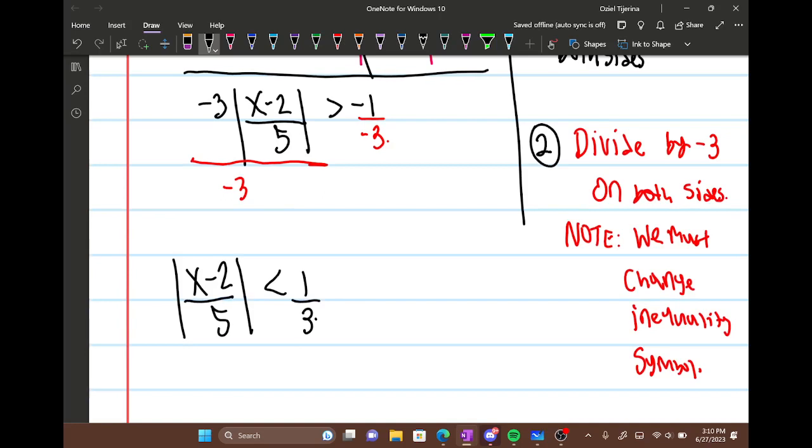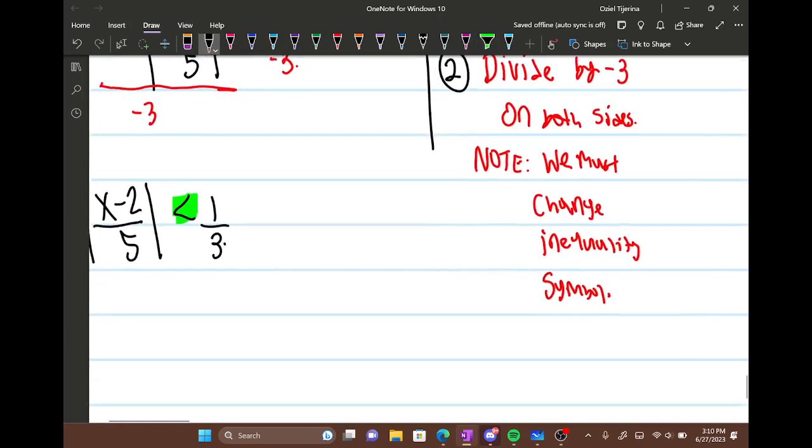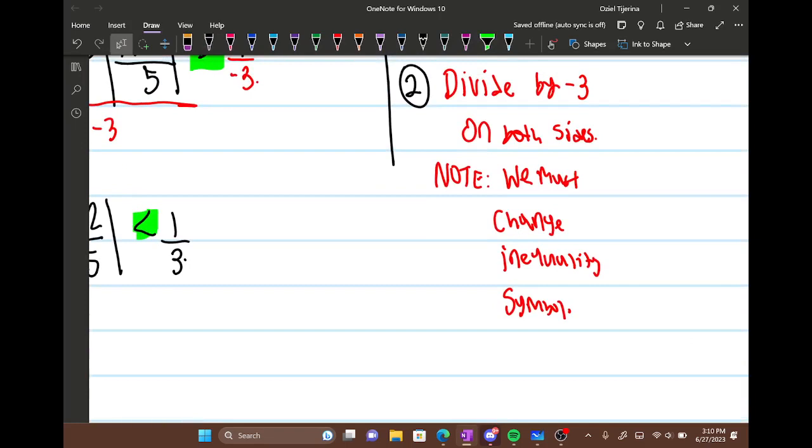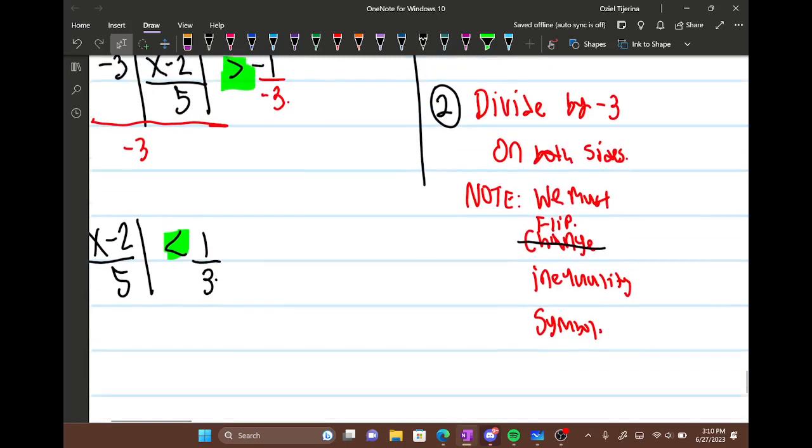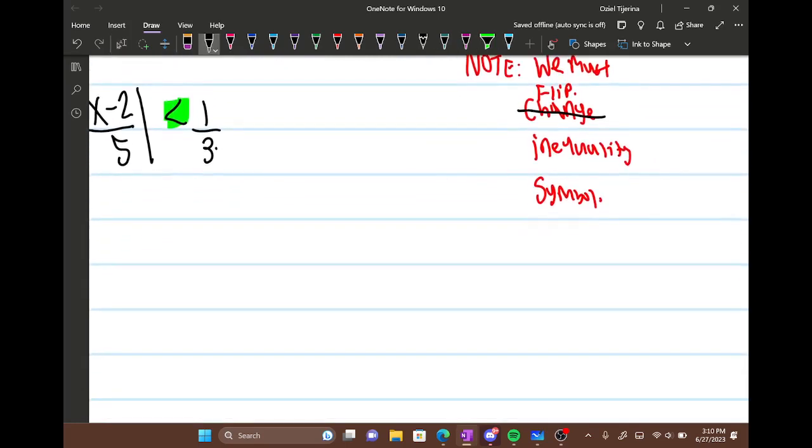That is the flipping over of this inequality symbol. I'm going to change this word to flip so you understand what I'm talking about. Okay, and this last step, let me do it in blue.